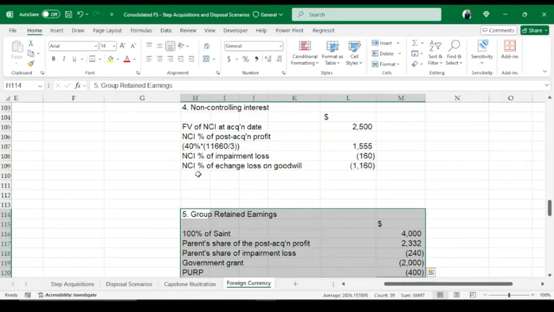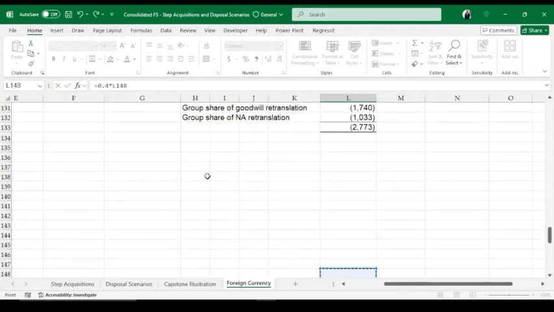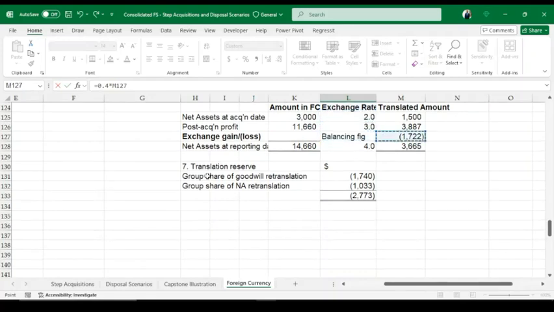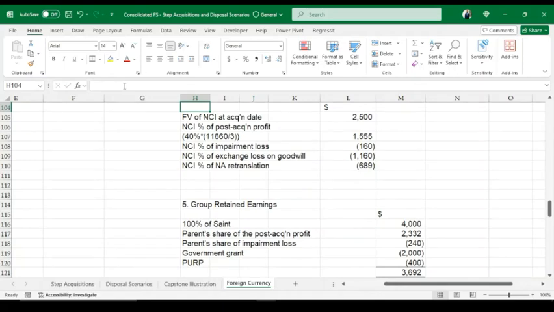All right, so we also have NCI share of net assets retranslation, and that will be equal to 0.4 times our retranslated amount, which is 1,772. Okay, there's a mistake here. This is exchange. All right, so we have that right there.